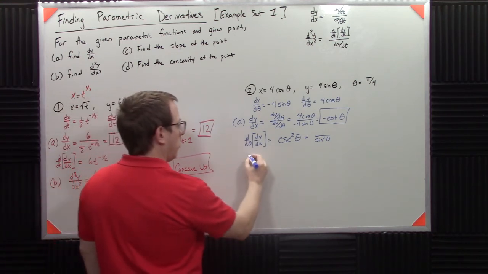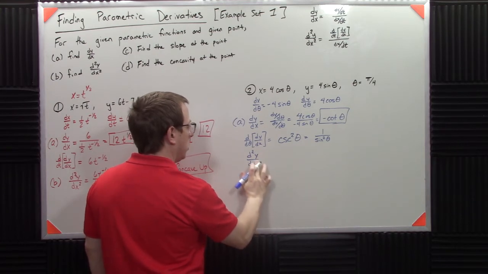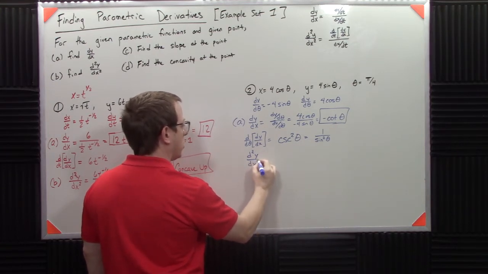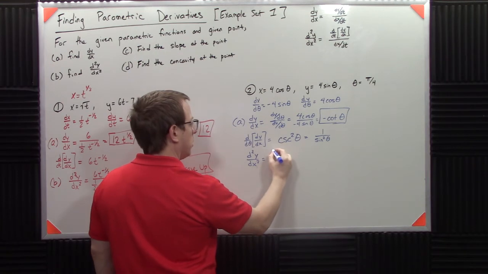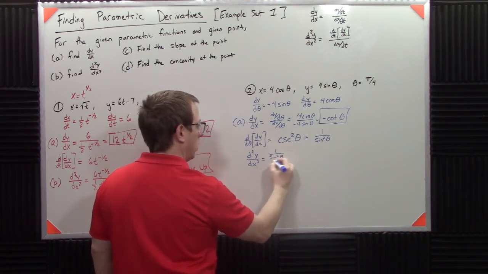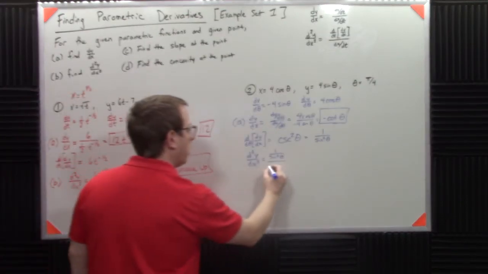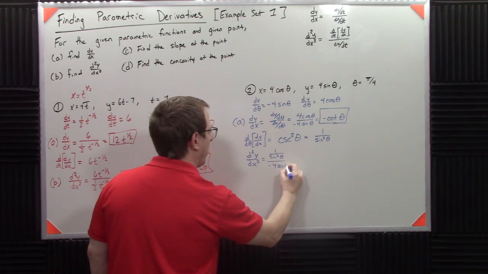Now, d2y/dx squared is this term divided by dx/dθ, which we already have, so negative 4 sine theta.